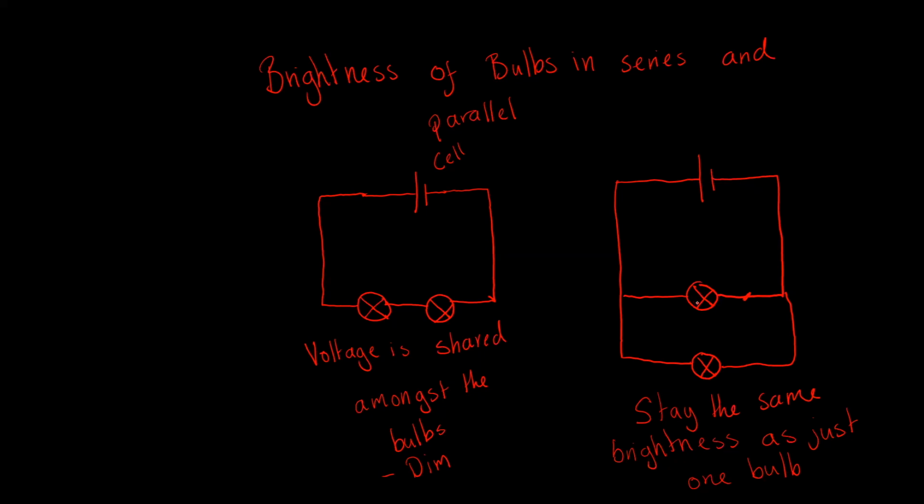If this one got broken, the other would still stay on. Whereas if there's a break in the circuit here, or this bulb was completely shattered, that would turn off because it'd be a break in the circuit. So parallel circuits are a lot more practical in reality, and most things in your house will be connected in parallel.